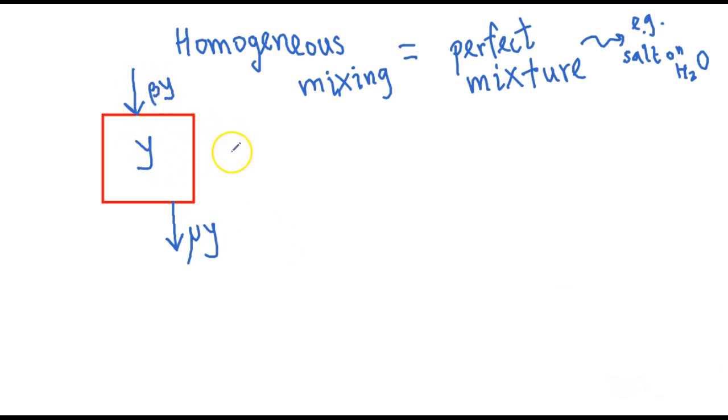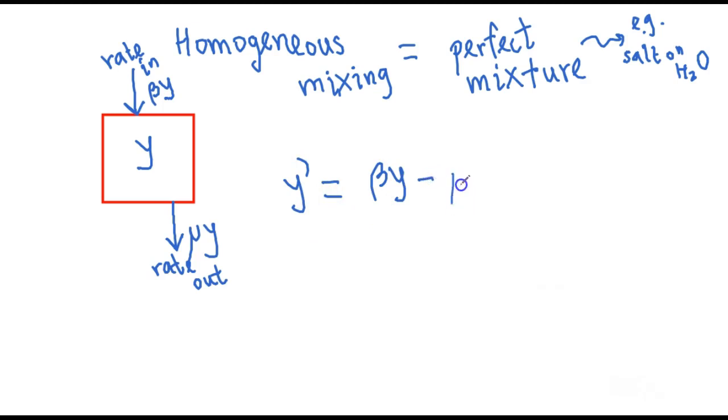So this rate in and also the rate out, the rate at which there is a loss, will come into play in writing something like the rate of change of that state variable is going to be equal in this case to beta y minus mu y.